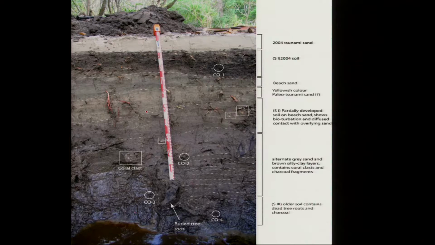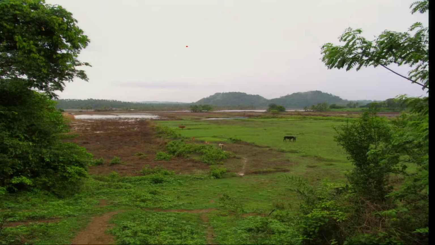And we see a very thick sand layer here, again very similar to what we have here. So we had earthquakes in the past also, and 2004 was not the only one. This area looks very similar to what I was showing from photographs from Chile.